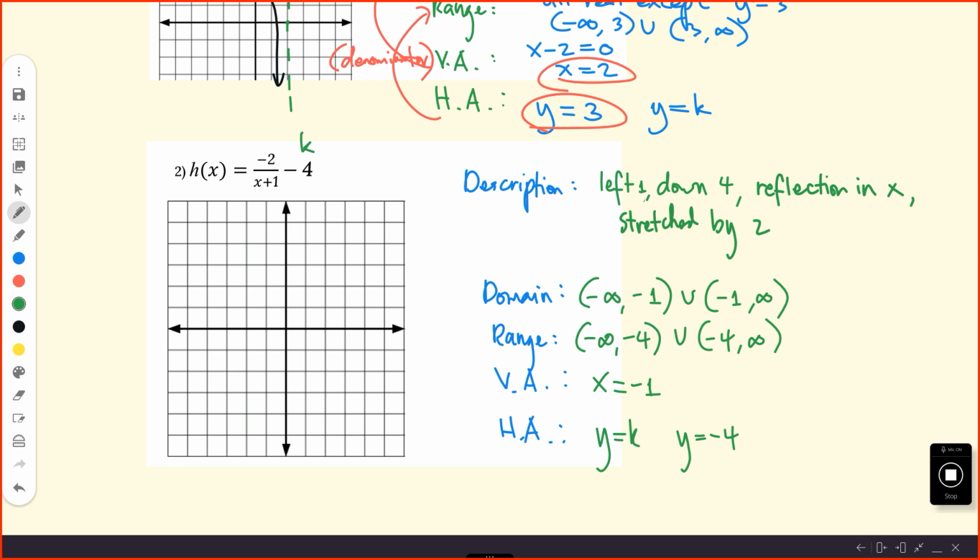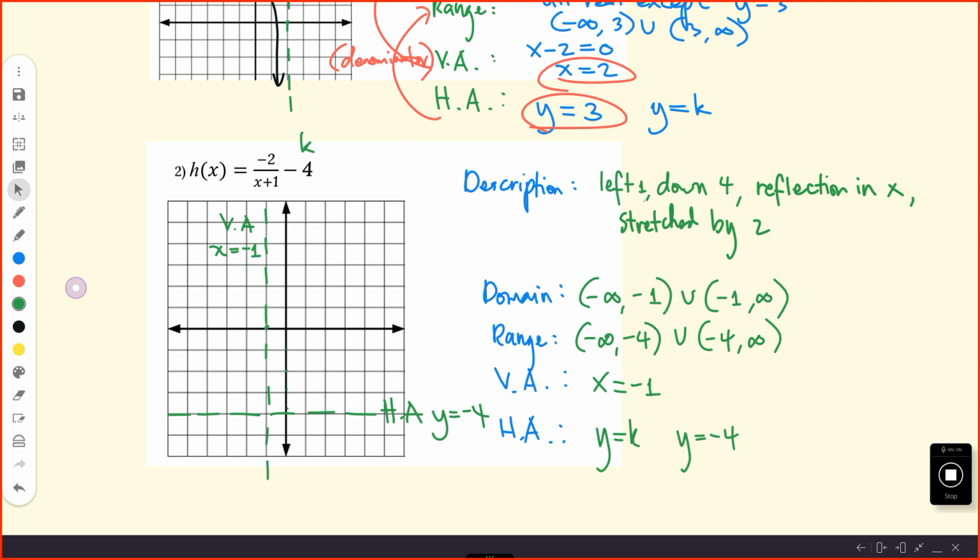Okay, so if we estimate the graph, -1 is right here. So this is our VA, x equals -1. And then our horizontal is -4, so we shifted down 4. 1, 2, 3, 4 is right here. And so this is our HA, y equals -4.